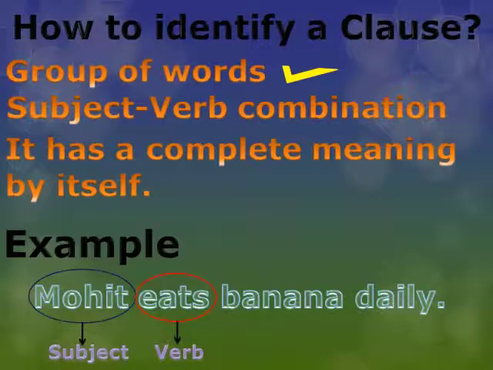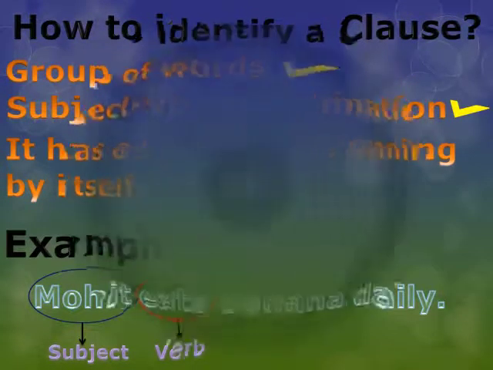So in this group of words, there is a combination of subject and verb also. Now, Mohit eats banana daily makes complete sense by itself. So it is fulfilling all three rules to identify a clause. Hence, Mohit eats banana daily is a clause.